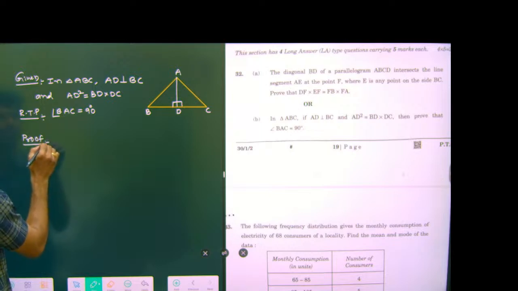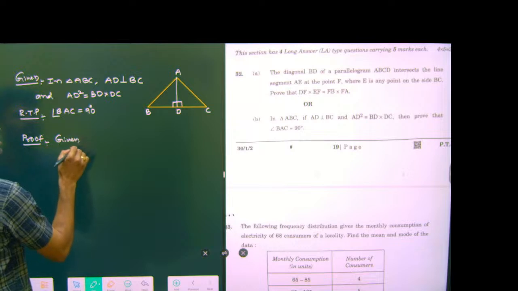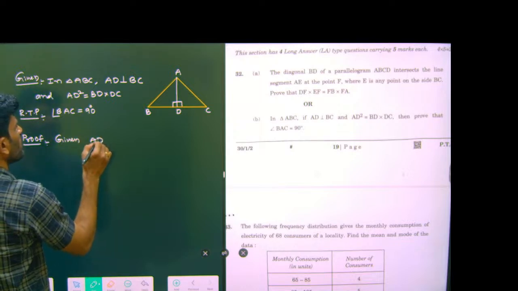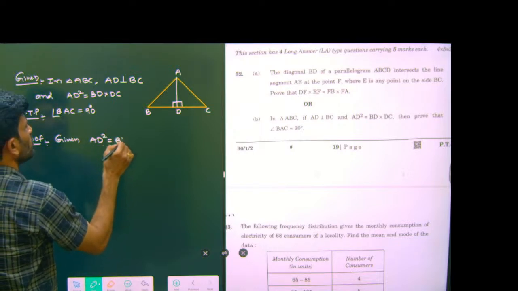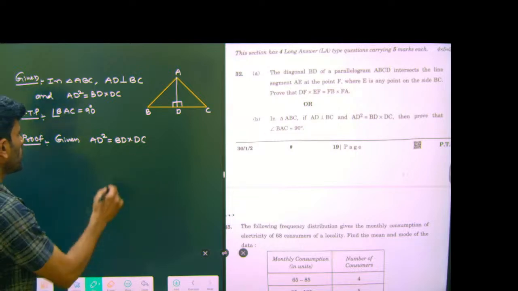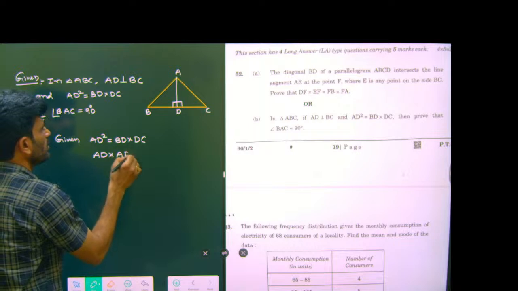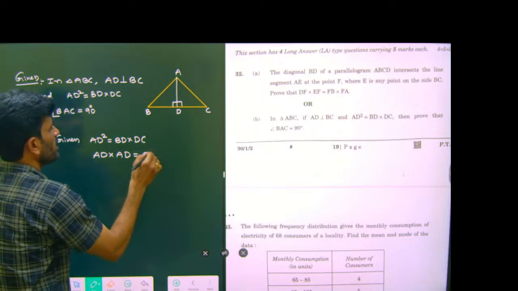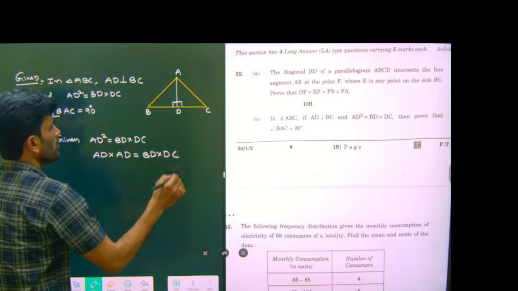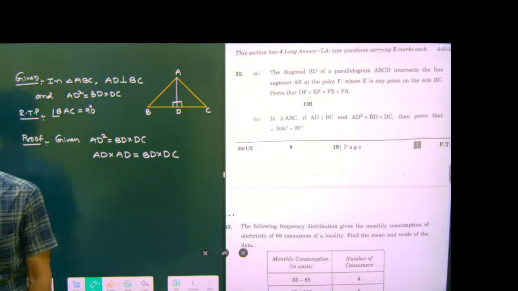How can we use similarity criteria here? What we know, given, AD square is equal to BD into DC, correct? What is the meaning of this? AD into AD is equal to BD into DC. AD square can be written as AD into AD.